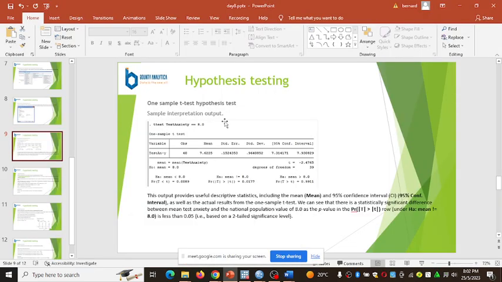How do we make conclusions on the null hypothesis based on the p-value?